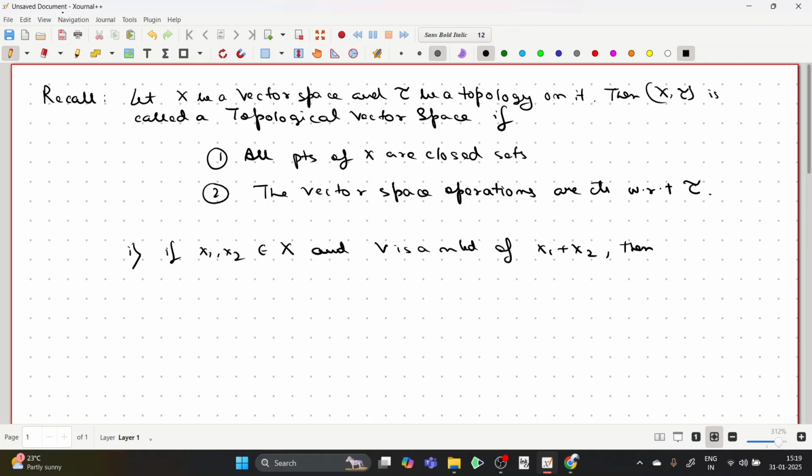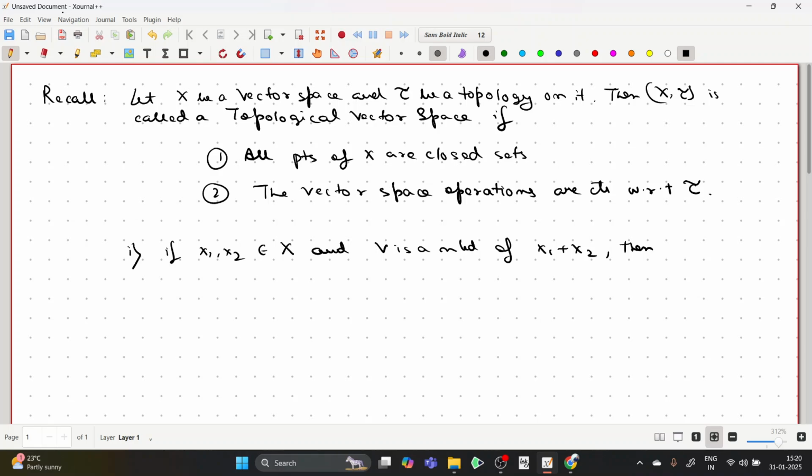Therefore, V is an open set containing x1 plus x2 in capital X, so it is in the codomain. So I need to take the inverse image of it. Since it is continuous, by taking the inverse image I will get a neighborhood of x1 in the first copy of X and a neighborhood of x2 in the second copy of X, and I can add them up to get the inverse image of the neighborhoods of x1 and x2 in X cross X.